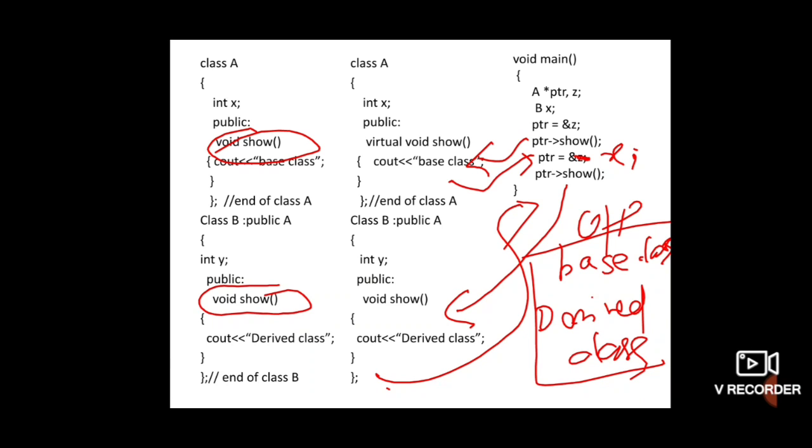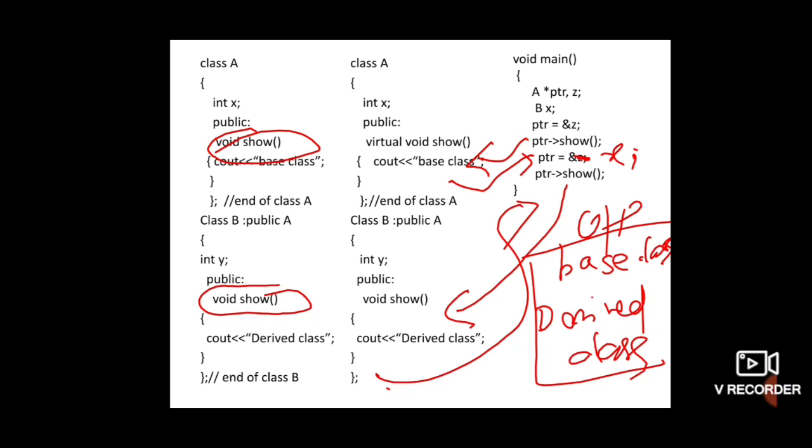Then assign the addresses of both objects to the pointer. Then through the pointer, invoke the member function which is declared in the base class and the derived class.